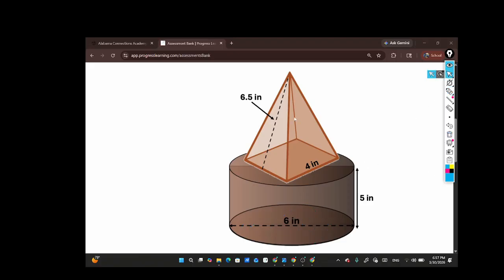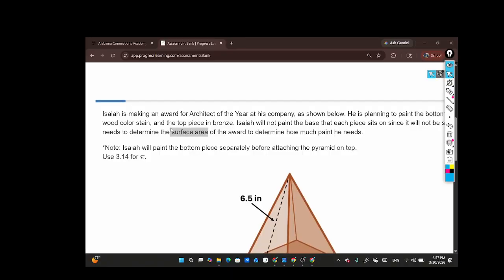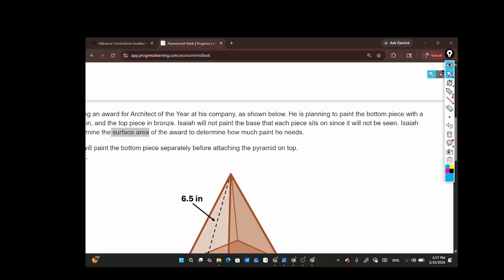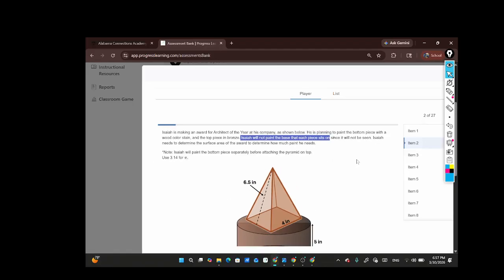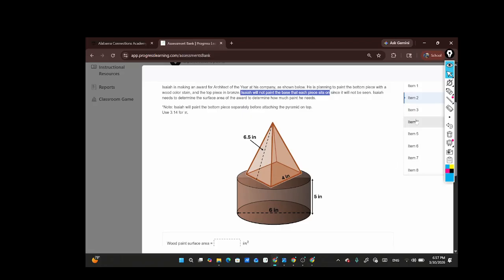The question says Isaiah will not paint the base that each piece sits on, so we will not calculate the area of the base.